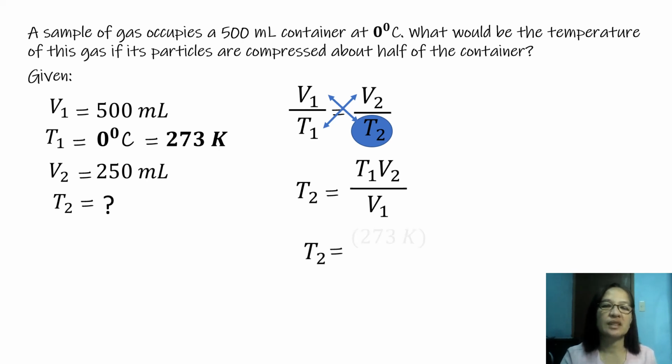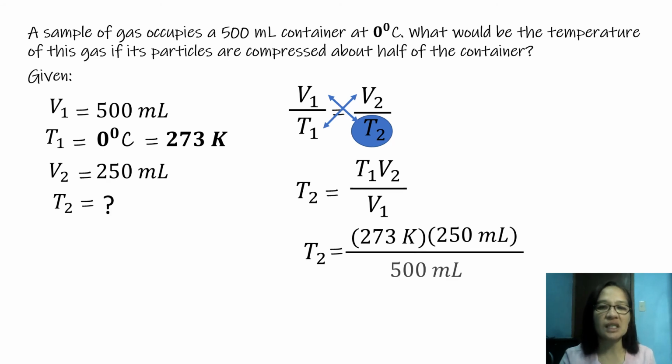Substitution. T sub 2 now is equal to 273 Kelvin times 250 milliliter over 500 milliliter. 273 Kelvin times 250 milliliter divided by 500 milliliter, T sub 2 now is equal to 136.5 Kelvin.